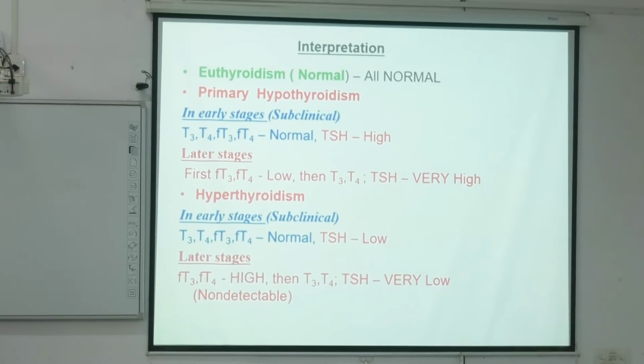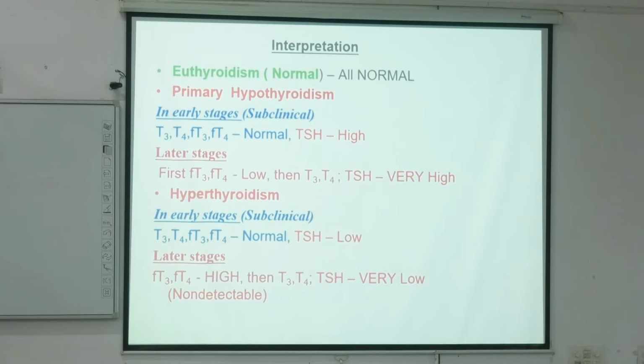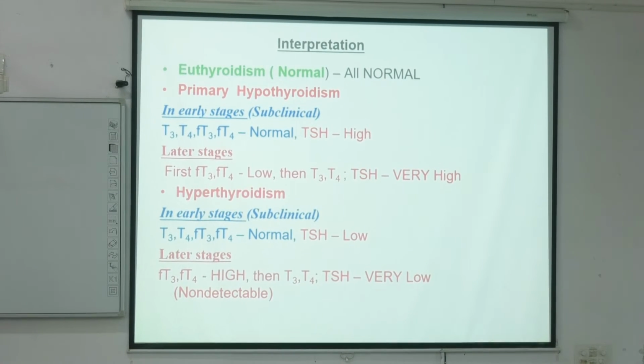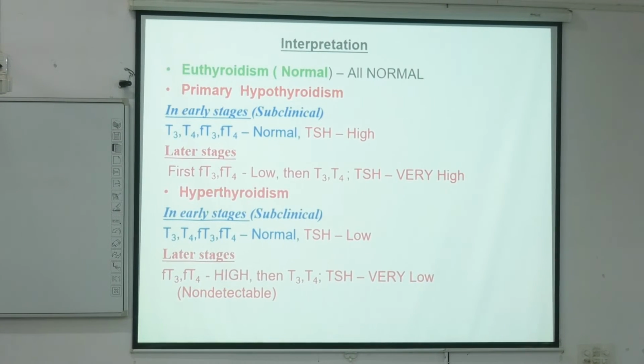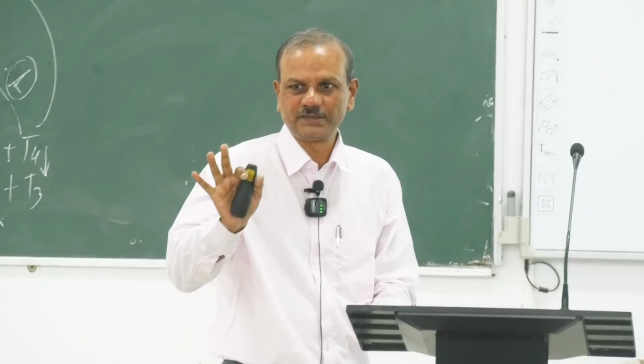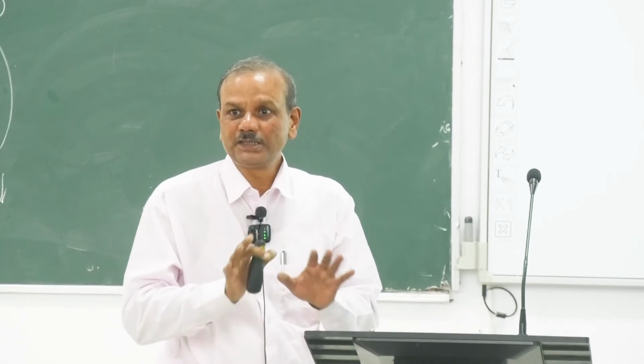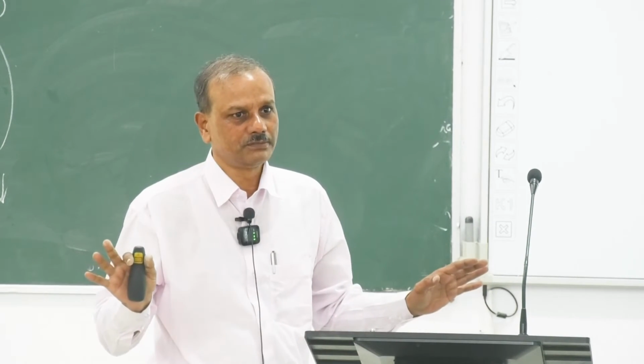You can take a little photograph if you want, I will allow it, because this you must remember. See, it doesn't develop overnight. So euthyroidism means everything is normal. Primary hypothyroidism, this is based on my experiences. In early stages, subclinical means the patient doesn't have any symptom.